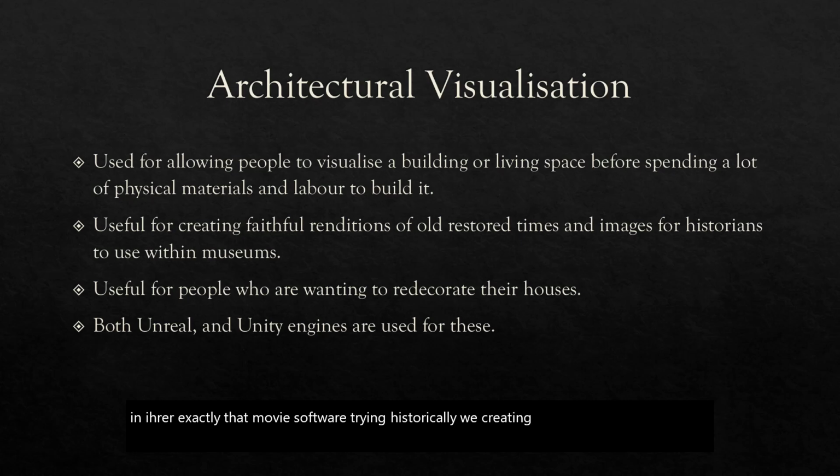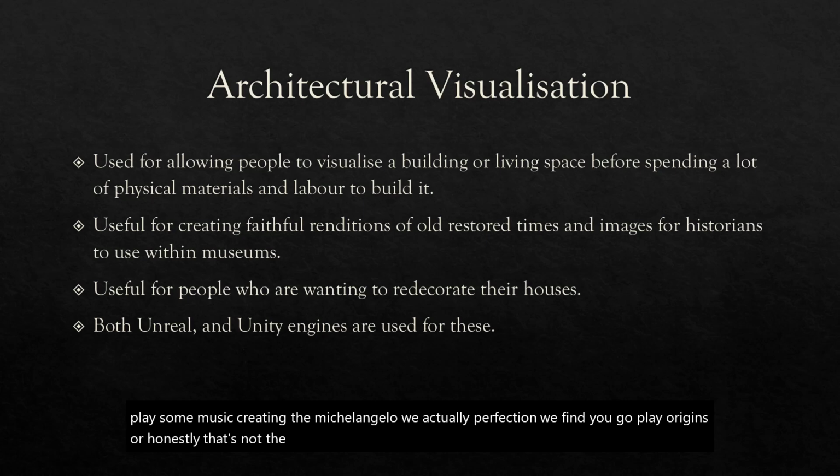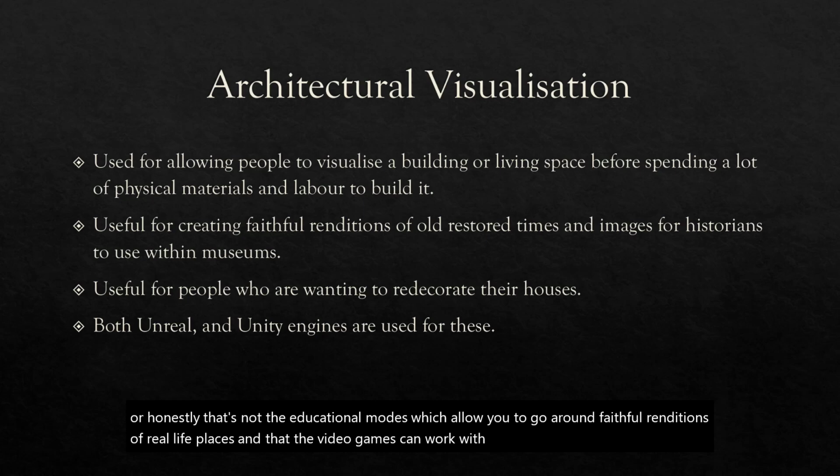And that, in fact, if you go and play Assassin's Creed 2, they faithfully recreated the Michelangelo with absolute perfection. And that, in fact, if you go and play Origins or Odyssey, they've got their educational modes, which allow you to go around faithful renditions of real life places. And so video games can work with architectural visualization as well.